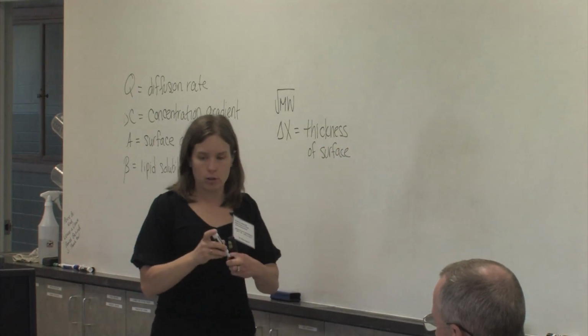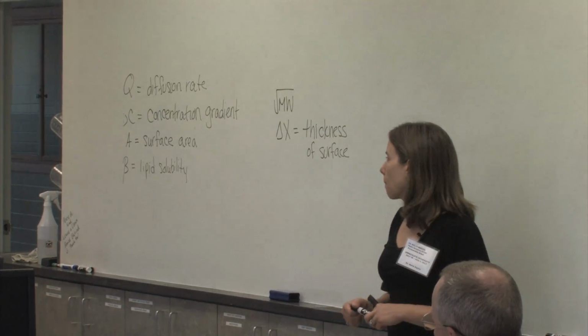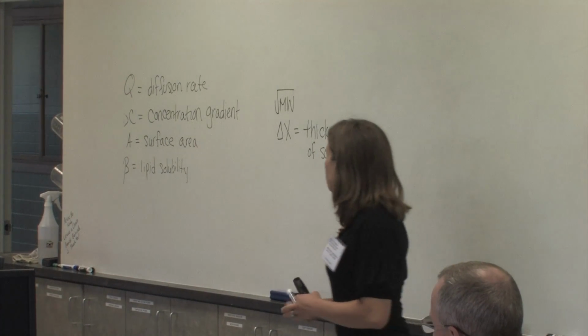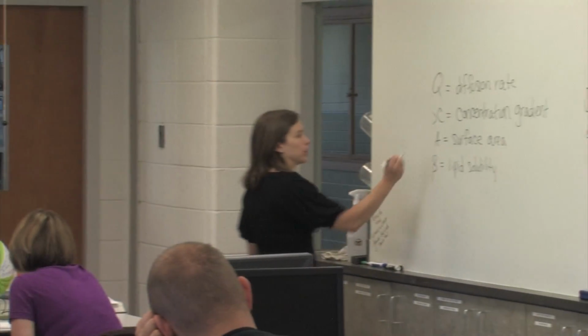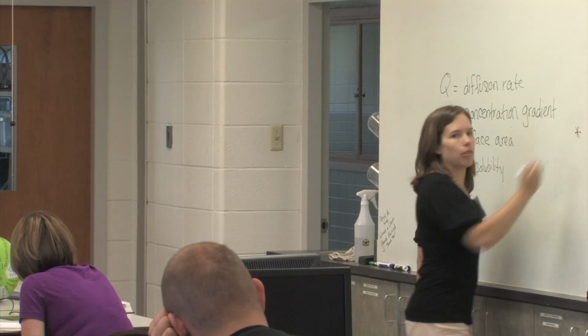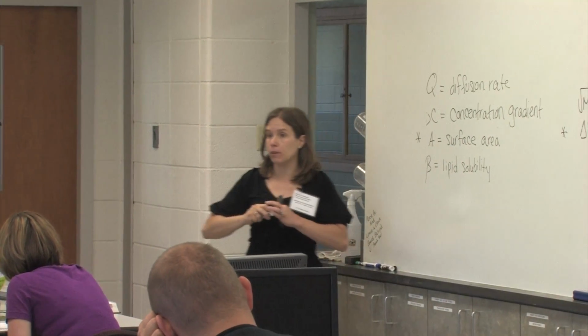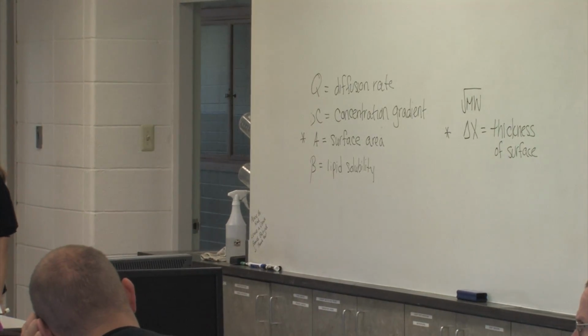The thicker the diffusion distance, the slower diffusion is going to happen. Okay. So when we talk about the respiratory surface, surface area and thickness are going to be really important. So the respiratory surfaces.